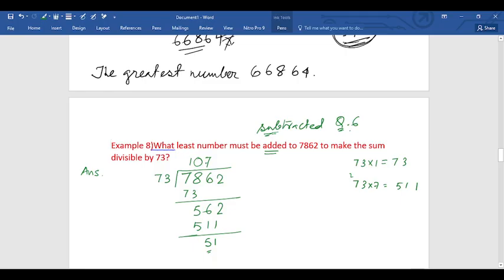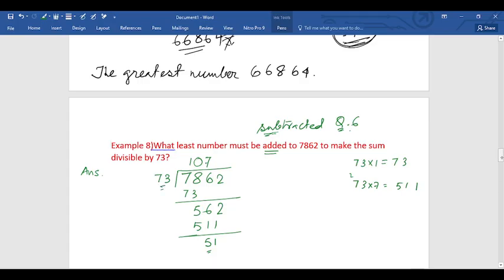Now with 511, if we add 51, then it is exactly divisible by 73.